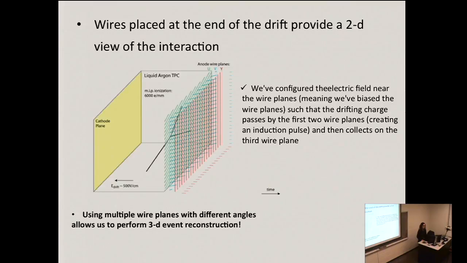If we view it from different directions, for example in 2 directions, we can project back and give the information in 3D. The electrons drift toward the anode through 3 different wire planes, and the first 2 are induction planes.